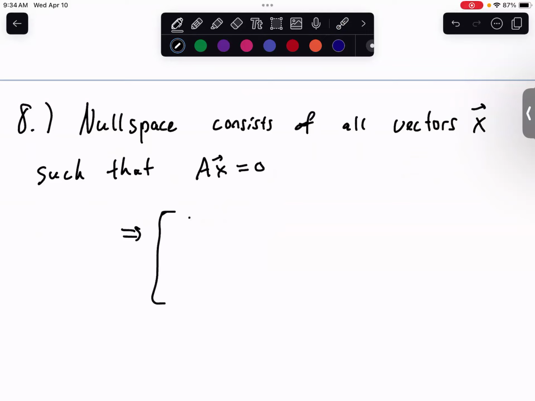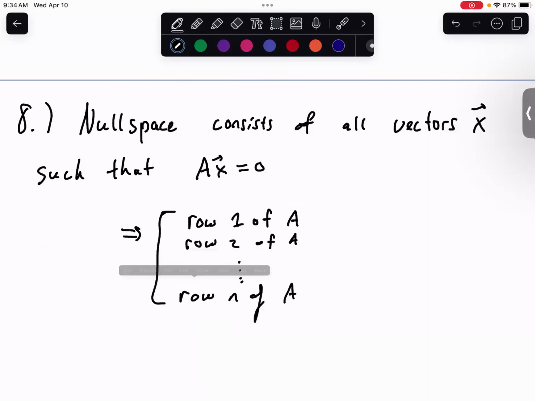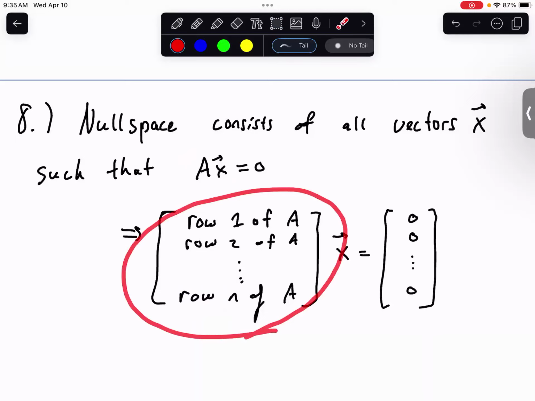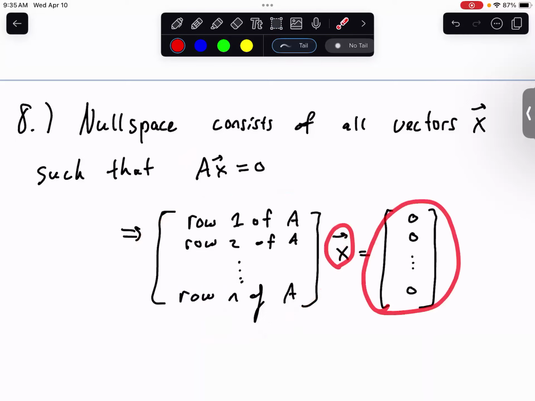So this is really row 1 of A, over row 2 of A, and then let's say row N of A. And this is being multiplied by this vector X, and this ends up being equal to 0, 0, all the way down to 0. Right? This is just rewriting this equation in terms of the rows of A times X, and then this ends up giving you the 0 vector.